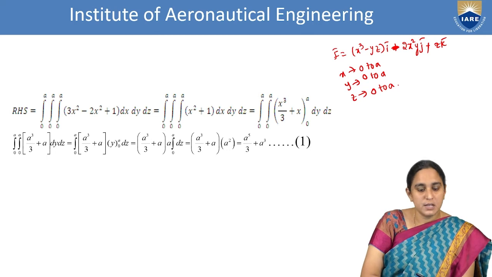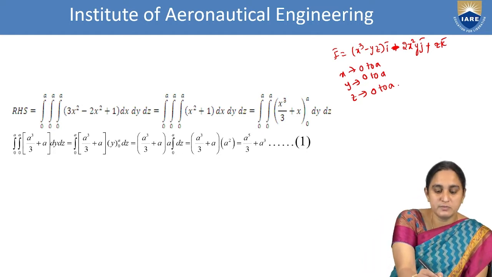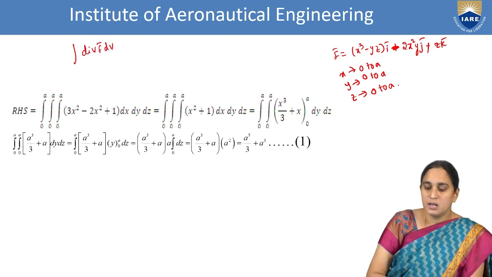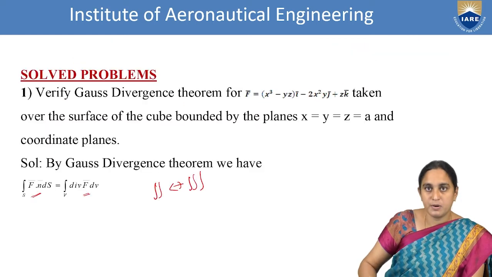Okay, first I'll calculate using Gauss divergence theorem, starting with the RHS part. What is the RHS part of the theorem? That is the integral of divergence of f bar dV. First I'll calculate divergence of f bar.